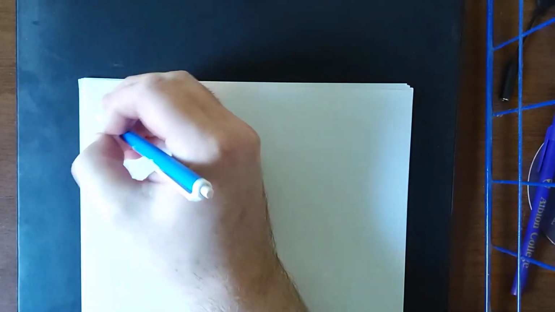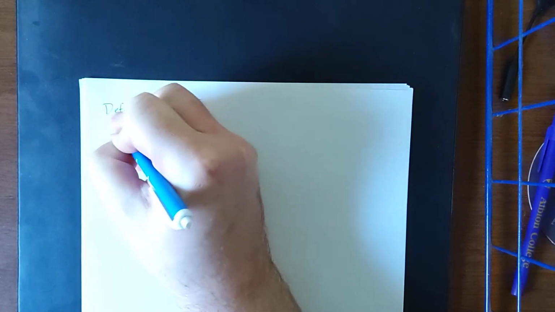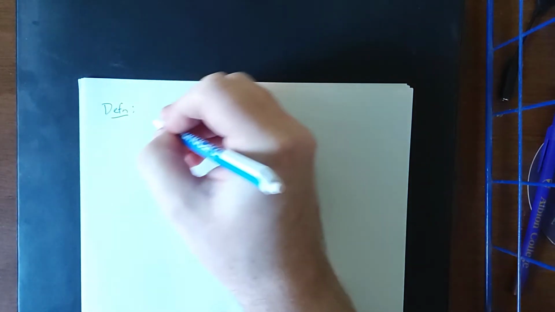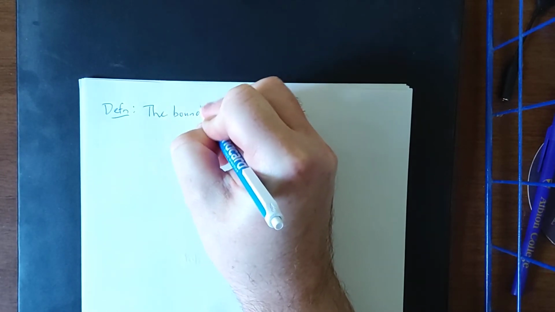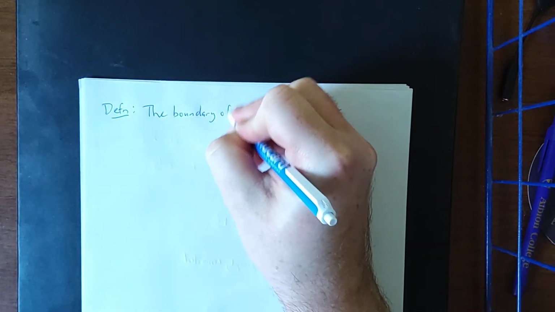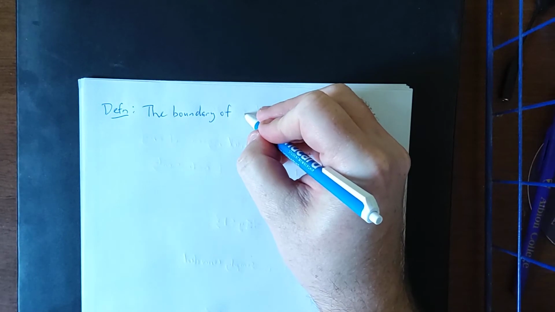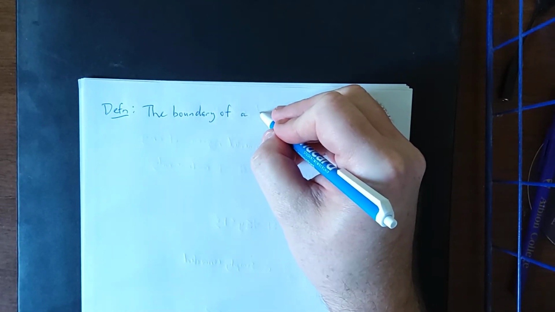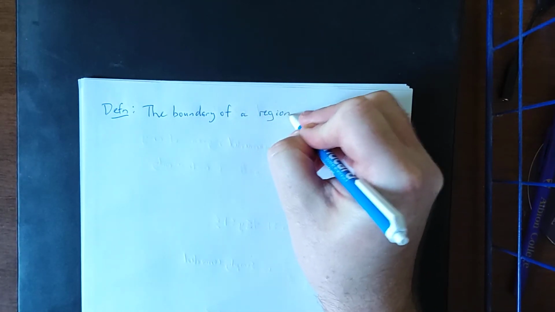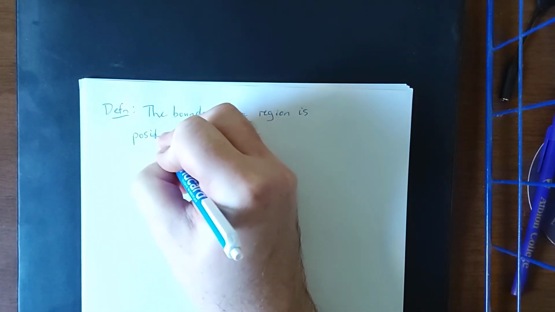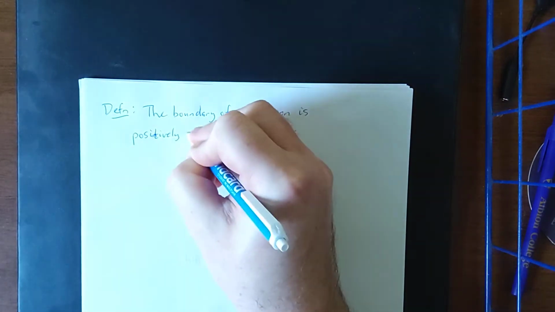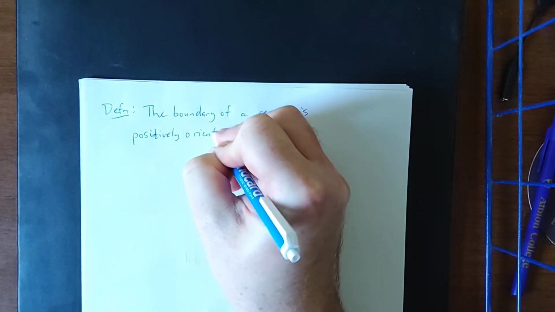And one more definition, which is going to be the boundary of a region is positively oriented.